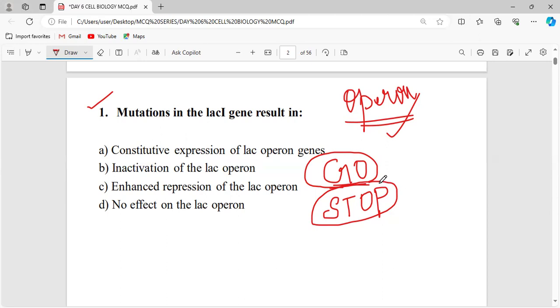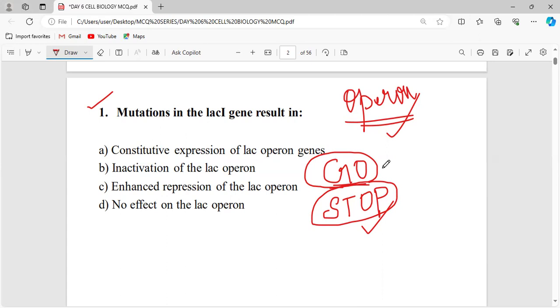That is why we call the lac operon a go operon. But in the case of the tryptophan operon, whenever the substrate, tryptophan, is present, the operon will be turned off. That is why we call it a stop operon. This is the difference between the lac and tryptophan operon.